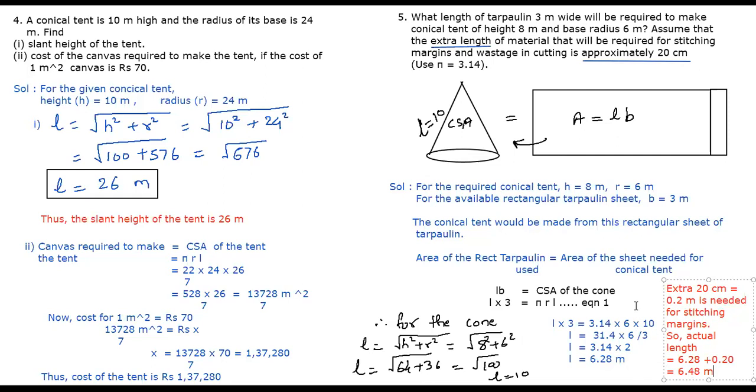Yes or no? Yes, sir. Are we understanding, children? All of us? Yes, sir. So now in your figure also show with the pen that this length was equal to what we had found out, 6.28 meters. And then extra 20 centimeters we needed.